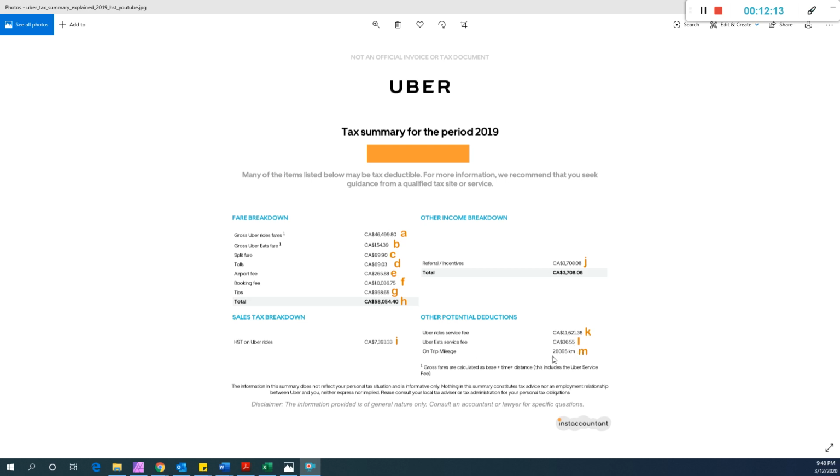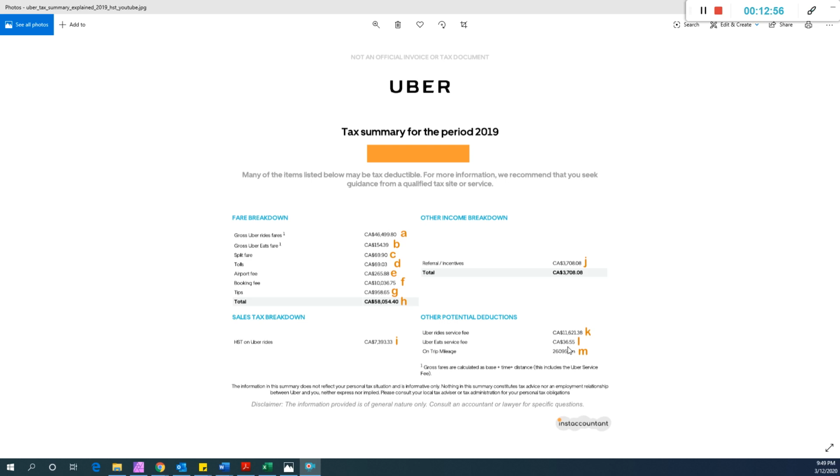Another quite confusing number is the on-trip mileage. A lot of drivers say, "Oh, this is not the mileage that I actually drove. My odometer shows that I drove like 52,000 kilometers just for Uber, and this only shows 26,000." So basically, this is the on-trip mileage, meaning from when you start a trip to when you finish it. This is the distance covered during that trip, accumulated for all the trips that you started and finished, right?